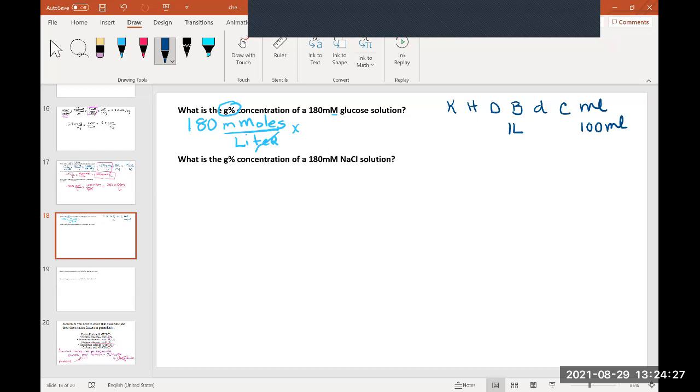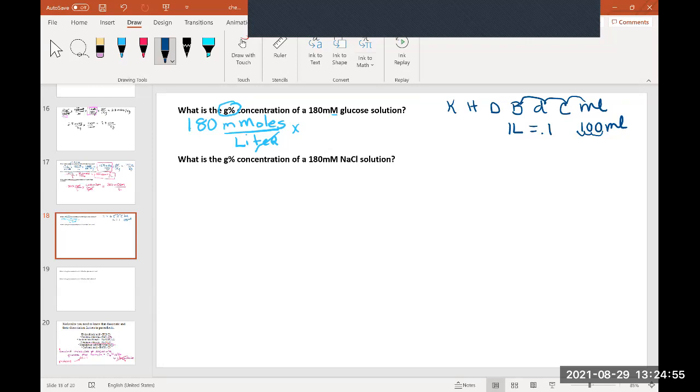So what is 100 milliliters converted into liter format? I would need to jump 1, 2, 3. So 100 milliliters is 0.1 liters. That's what I mean to say.